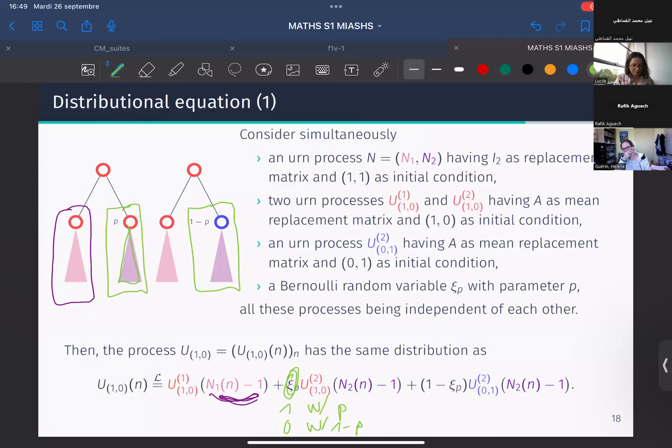And if you didn't add a red ball, then you added a blue ball. So otherwise, if this one is not equal to 1, then this is not here, and this is equal to 1, and you consider the process when started from a blue ball. And you still consider the time spent here.